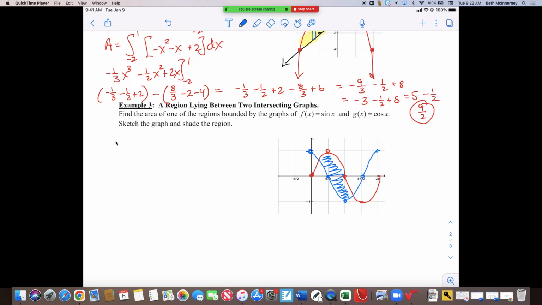So where does sine x equal cosine x in this region that I've covered? We should be able to know this from our unit circle. So what's this first point of intersection right here? Pi over 4, good. And where's the other intersection here? Say it again. Yeah, nice. And 5 pi over 4.